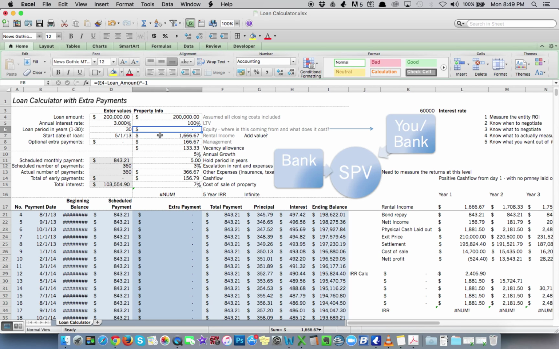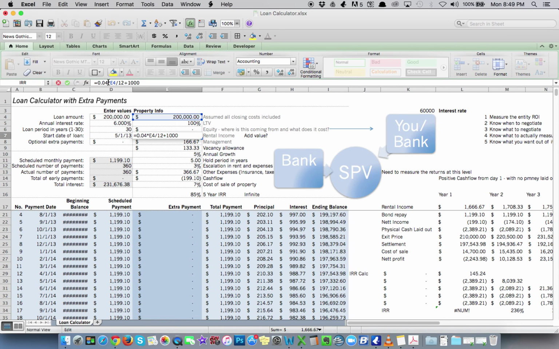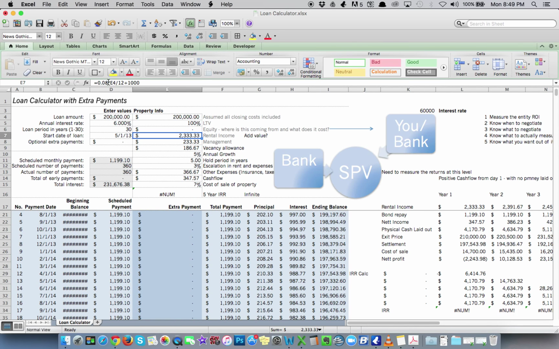So let's look at the returns on that. $200,000, annual interest rate, let's put it at 6%, 30 years, and we know that the rental is about 0.8% for a standard house, and the basement is easily $800 a month. Growth 5%, let's put it at 4%.